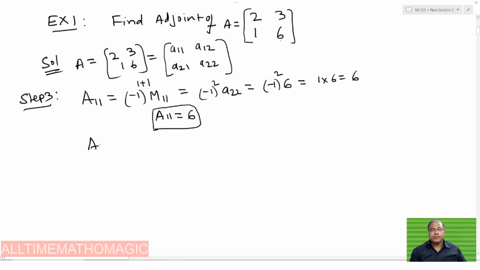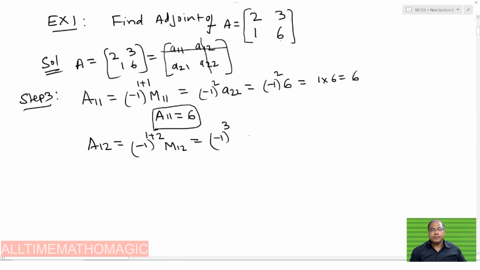Now A12 equals minus 1 raised to 1 plus 2 times M12, which is minus 1 raised to 3 times M12. How to find it? You have to delete the row and column in which A12 is present. A12 is present in the first row and second column.